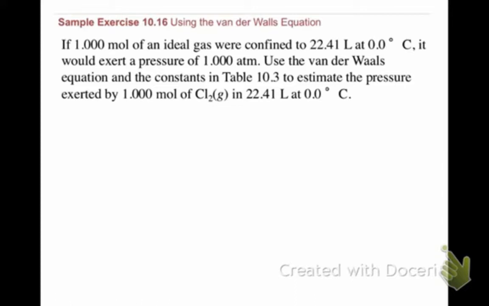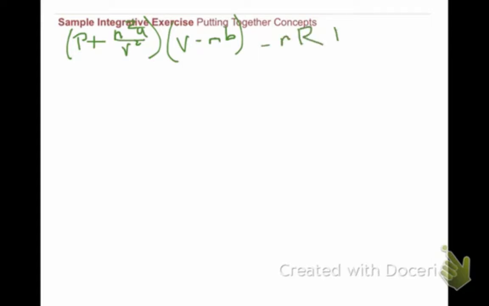So what I'm going to do is use the van der Waals equation, but isolate it for pressure. I have P plus n squared times a over V squared, times volume minus nb, and that's equal to nRT.